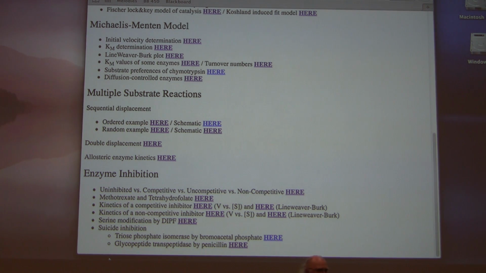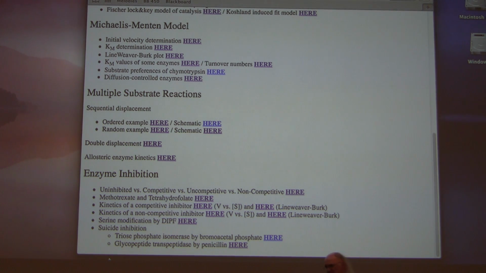Okay? There's another question? Yeah? The question is, are non-specific and specific suicide inhibitors both called suicide inhibitors? No. Only the specific inhibitors, that is those that are recognized specifically at the active site by a specific enzyme. So this penicillin, for example, isn't going to bind to a wide variety of enzymes.